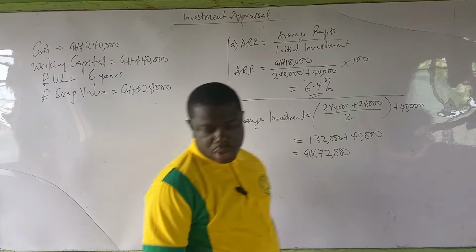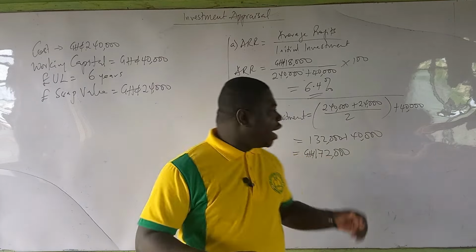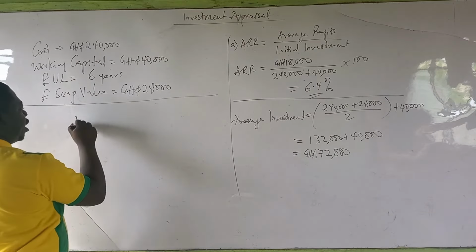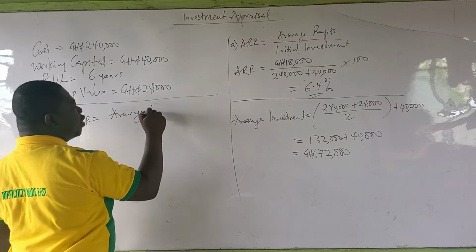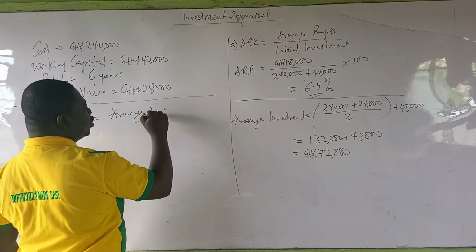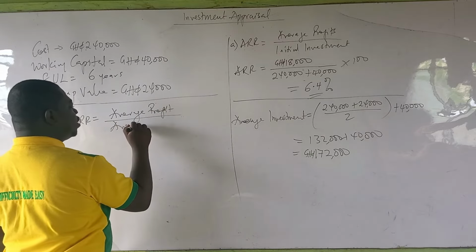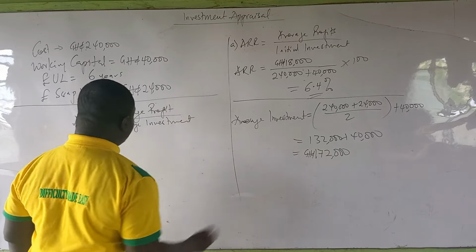Okay, so now that we have our average investment, let us find the accounting rate of return using the second approach, the average investment approach. The formula is average profit over average investment times 100. We know that when you get the average investment, you add your working capital, but we've done that already.